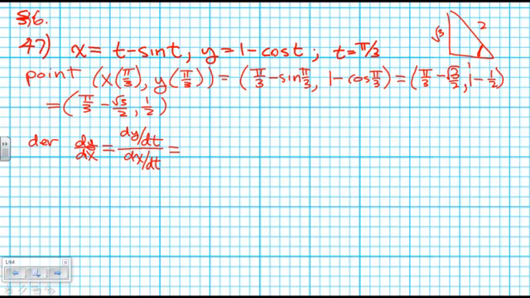So we look at our y value and we say, what is the derivative of y with respect to t? Well, the derivative of 1 is 0. The derivative of negative cosine is sine of t.